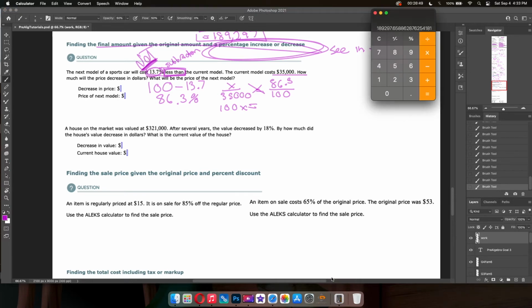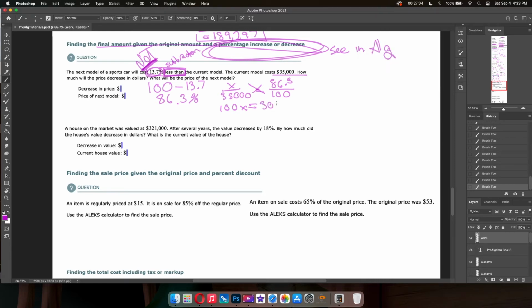Calculator, come back, save me. What do we have? 35,000 times 86.3 equals 3,027,500. Divide by 100, which means we move the decimal over 1, 2.